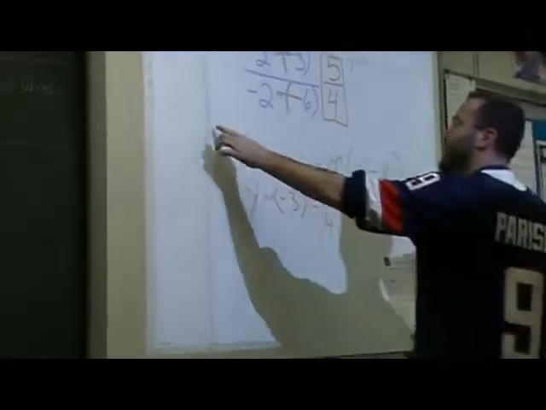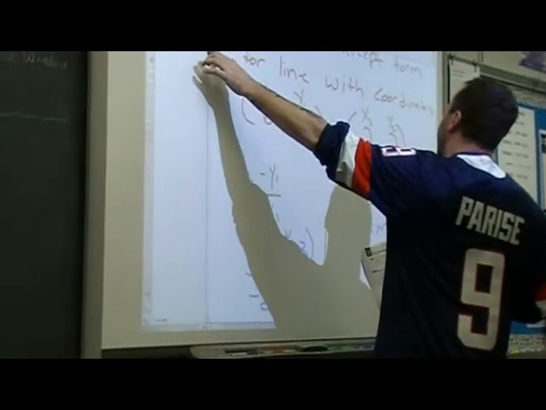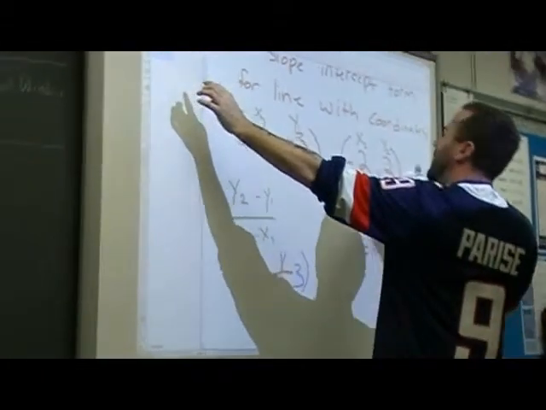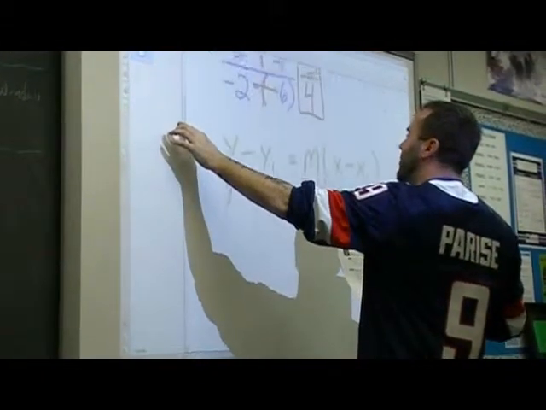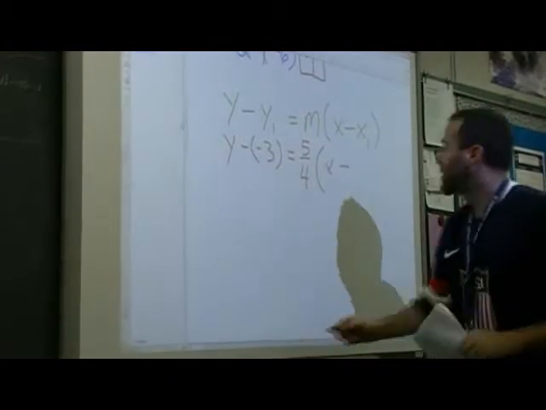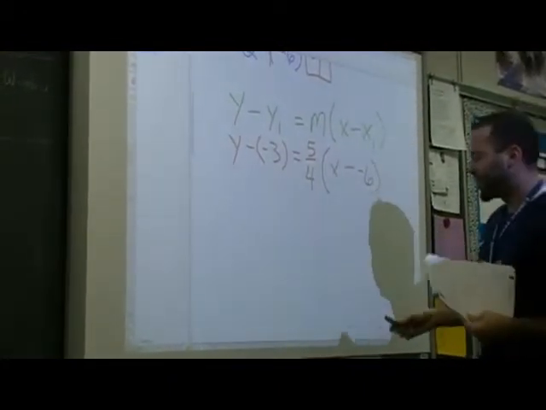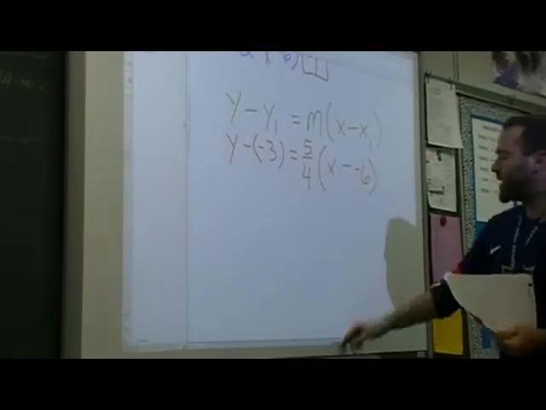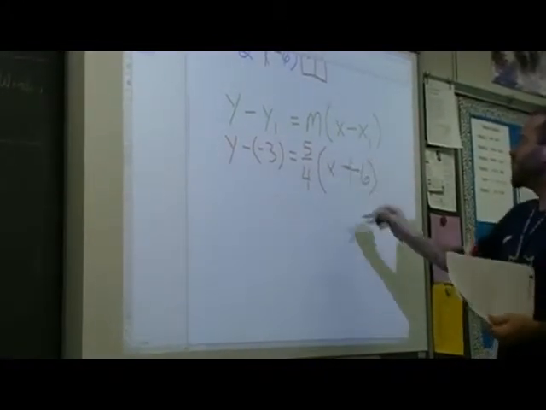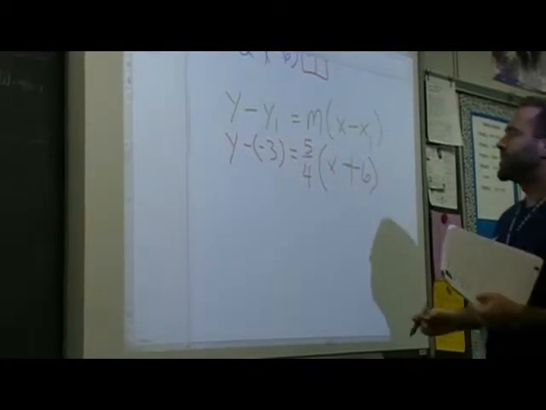Minus x1, which is -6. Again, I have two negatives right next to each other. Slam them together, it becomes a positive.